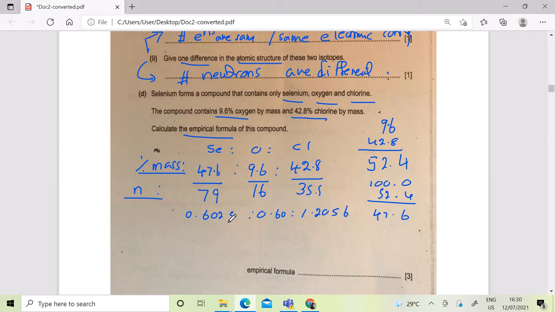To find the empirical formula, divide by the smallest number, 0.60, and we end up with 1:1:2. Therefore your empirical formula will be SeOCl2. That ends up with 3 marks.